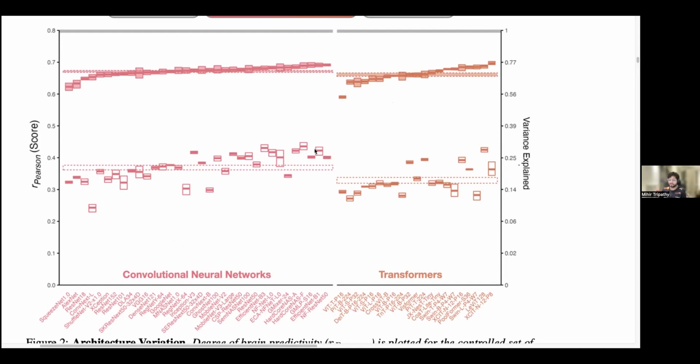Okay, so if we change a lot of these things, whether we use CNN versus transformers, whether we use models with the top accuracies, a lot of things which affect the accuracy on ImageNet, in terms of predicting the brain activations, the delta of 0.1 is all they differ by, and that's it.